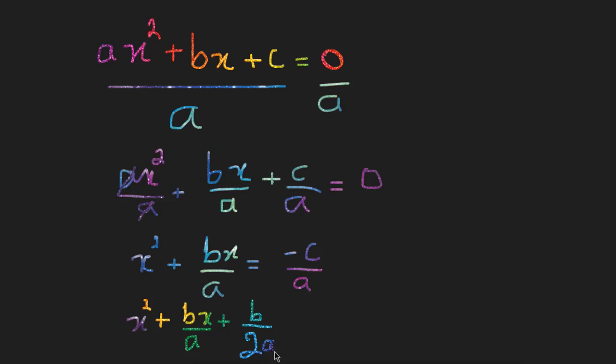Now square it and add it to both sides. So the square of b over 2a is added to this side, and we also add it to the other side, so it will be c over a plus b over 2a, whole squared.